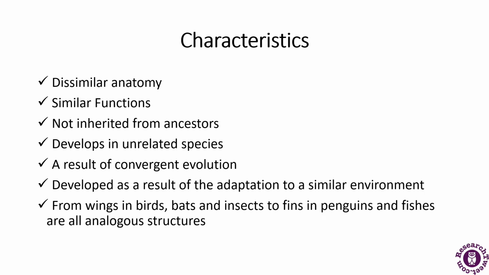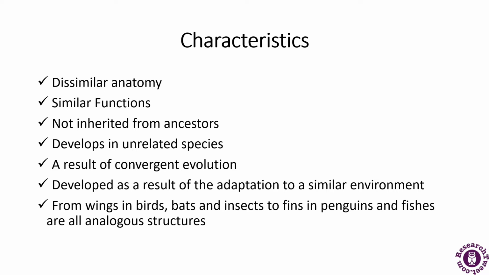Now, what are the possible characteristics of analogous structures? They have a dissimilar anatomy. They have a similar function. For example, birds have wings and insects also have wings. Both wings perform the same function, but they are not inherited from the ancestors.